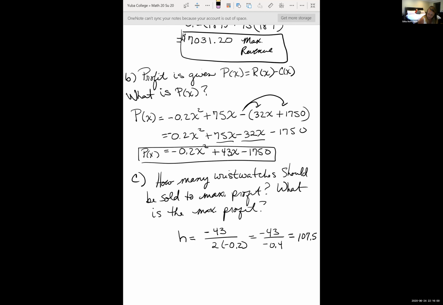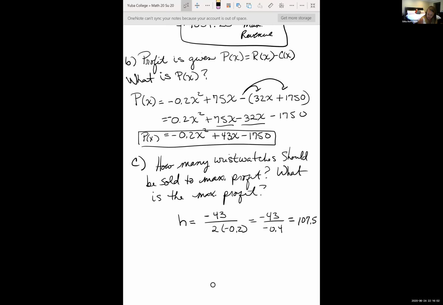So to maximize profit, again, same idea, I can either round down or round up. So to maximize profit, they need to sell either 107 or 108 watches.